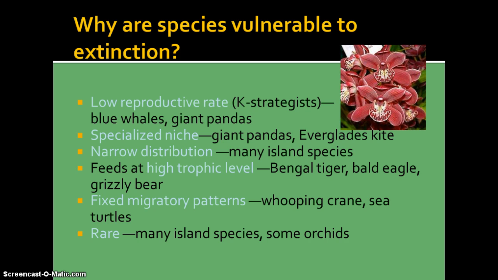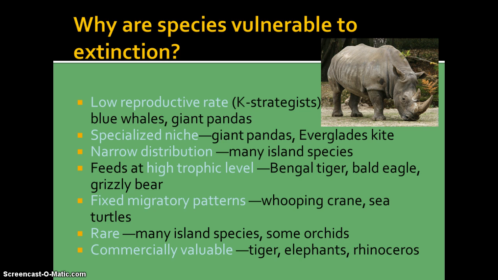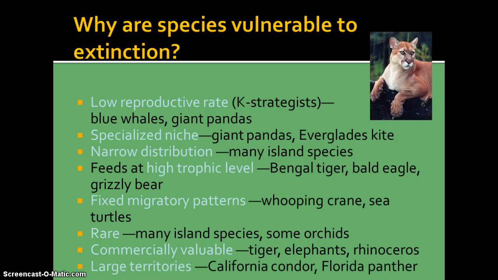If they are rare, so once again, a lot of our island species that only exist on certain islands, or even the rainforests are very diverse. A lot of times there's only a few individuals of each species. These orchids would be one example. If they're commercially valuable, meaning that they're hunted or poached, tigers for their fur, elephants for their tusks, rhinos for their horns. And then those that have large territories. California condor, once again. Florida panther is another example.